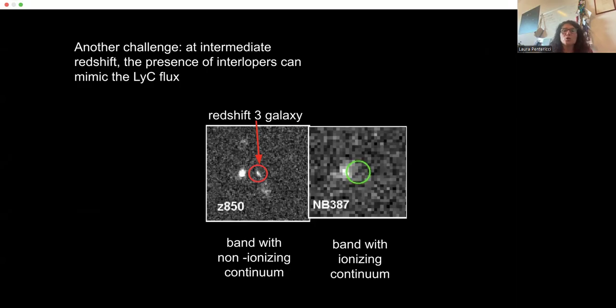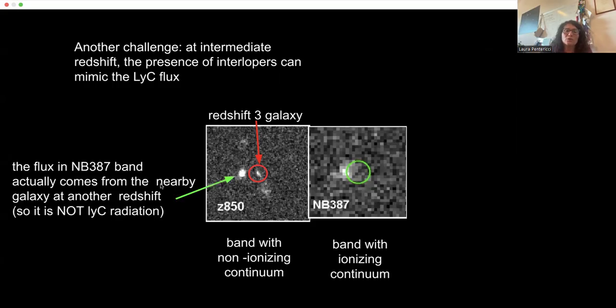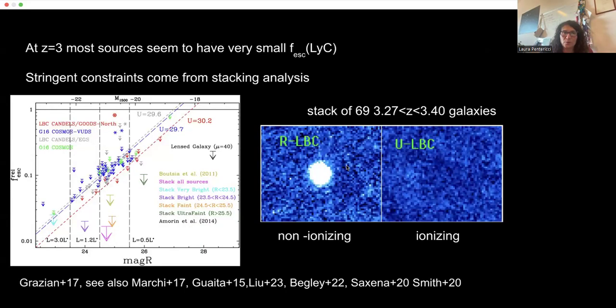It's just an interloper. So you need high spatial resolution observations to determine the ionizing continuum correctly. In this case, the flux that you see in the narrow band, you think it's ionizing continuum. No, it's not Lyman continuum radiation.